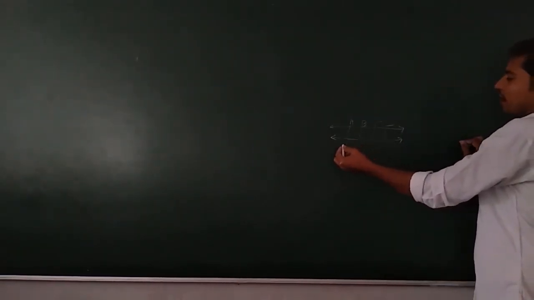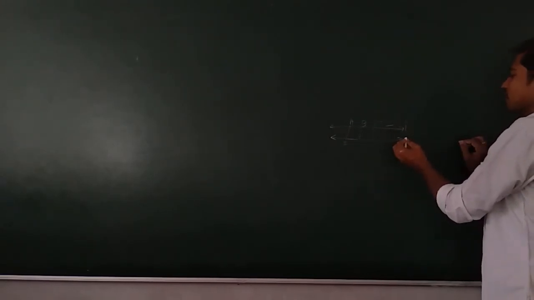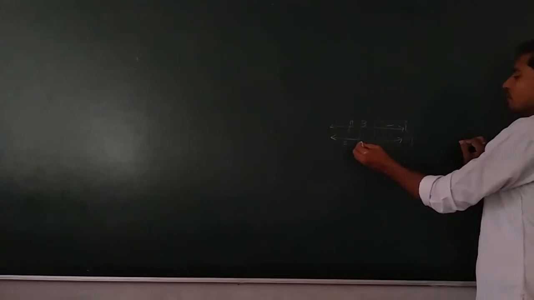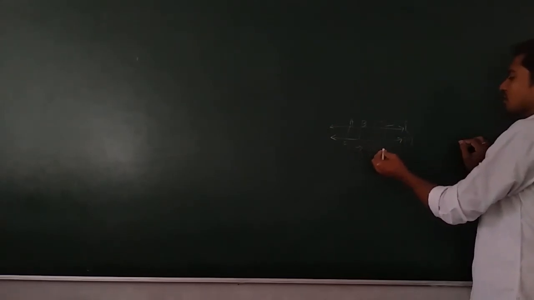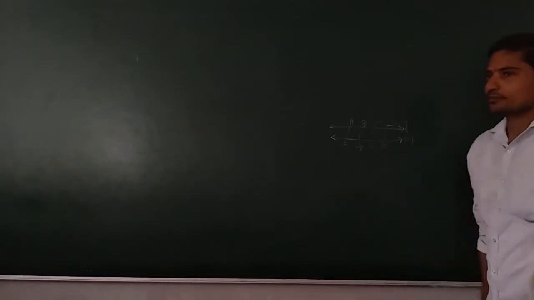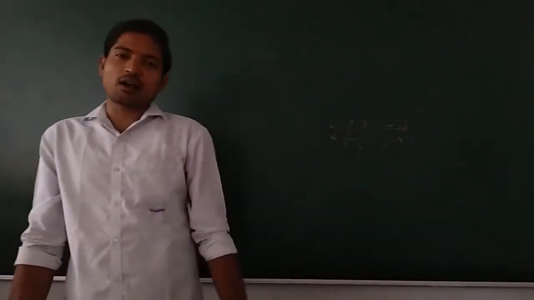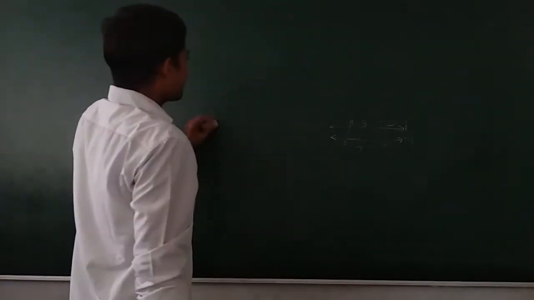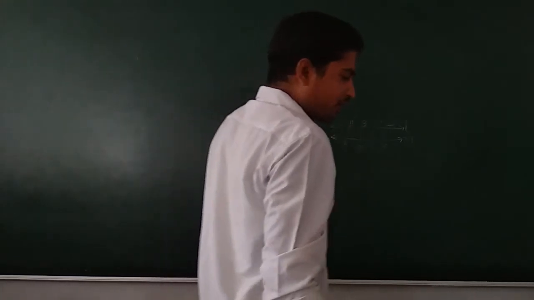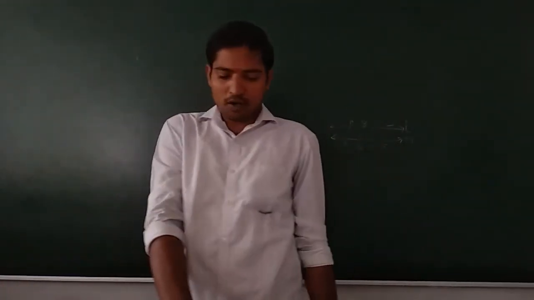Suppose here this line is L and this line is M, with points F, G, H, K. Right? The points which lie on the same line are called collinear points. At that time, the area of a triangle is 0, we can also say. So what is the area of a triangle? Let us discuss. Don't worry.